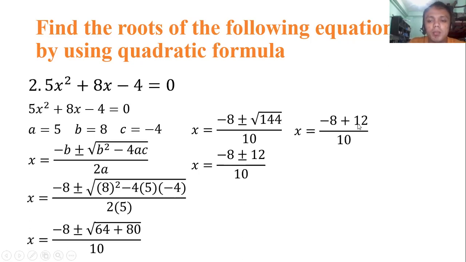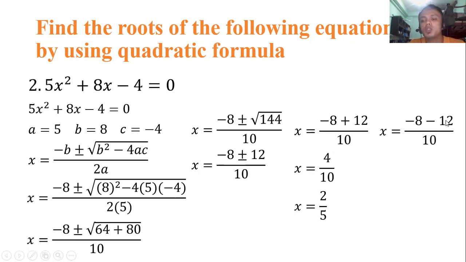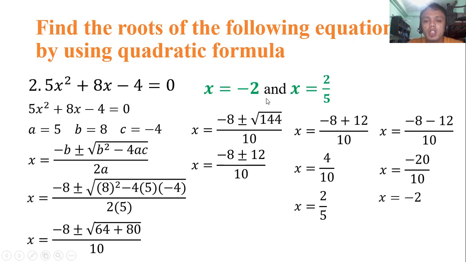Negative 8 plus 12 over 10. Negative 8 plus 12, that is 4. 4 over 10, or in lowest terms, we have 2/5. Next, negative 8 minus 12. That would be equal to negative 20. Divided by 10, we have negative 2. So the roots are negative 2 and 2/5.